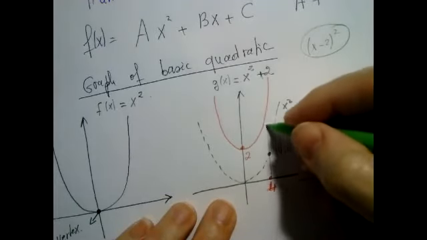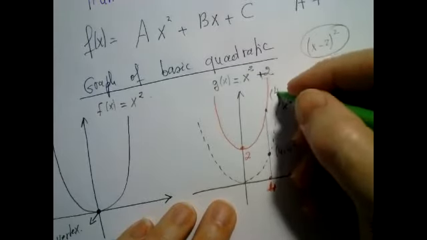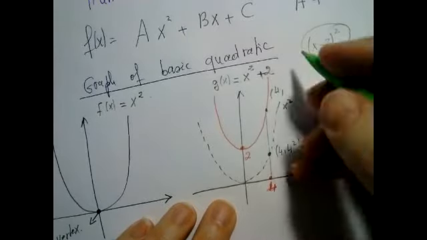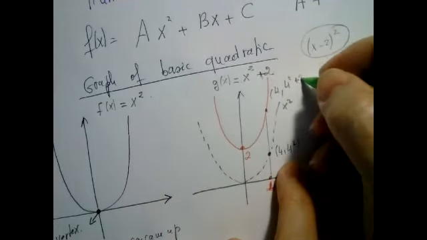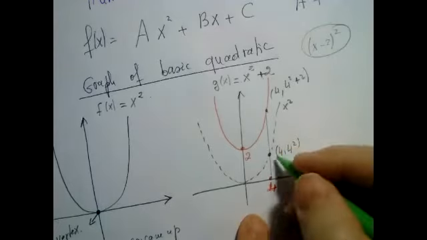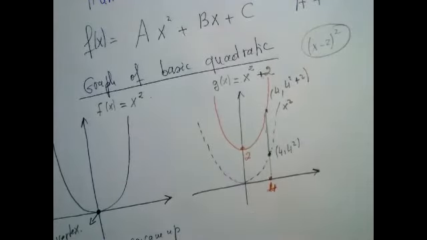However, g of x takes 4, but the output is the same thing with 2 added to it. So it's 4 squared, but you're adding this 2. You're adding the 2 to the output. That's why we're shifting it up by 2. All right, so that's the easiest type of shifting.